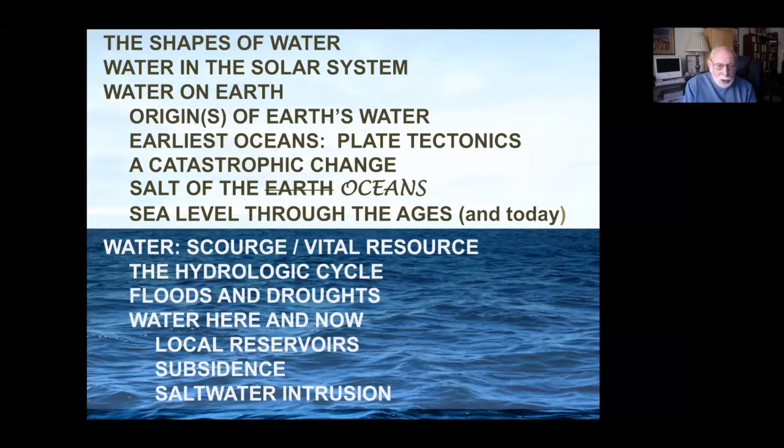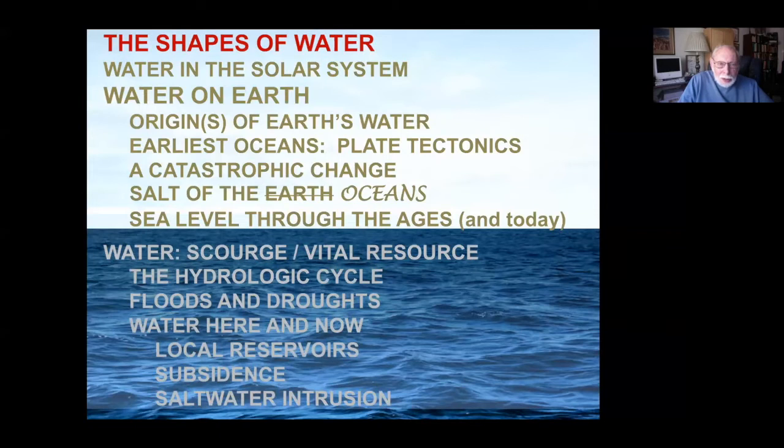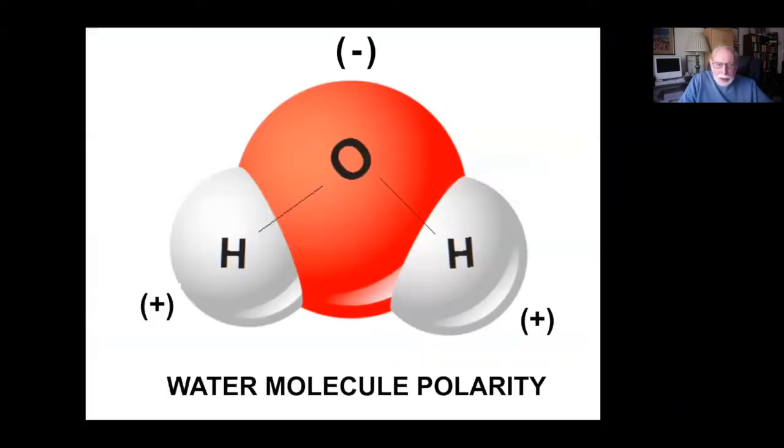Then we'll talk about water as a resource, as a scourge or a vital resource, a bit on the hydrologic cycle, something on floods and droughts, and then water here and now, our local reservoirs, and issues like subsidence and saltwater intrusion that impact our water supplies today. So that's the outline, a fair amount of stuff to cover. And we'll start with the shape or shapes of water.